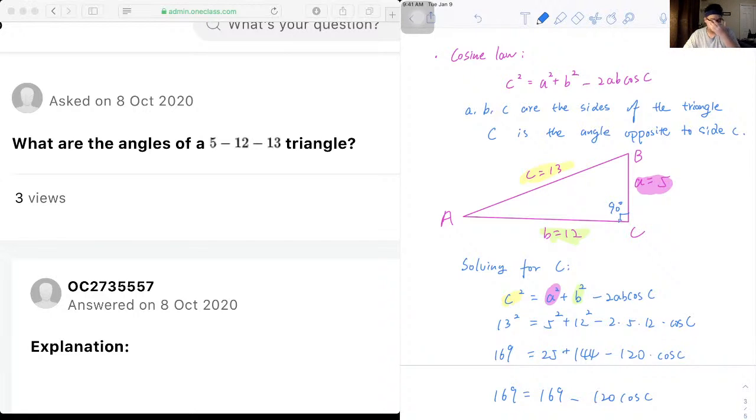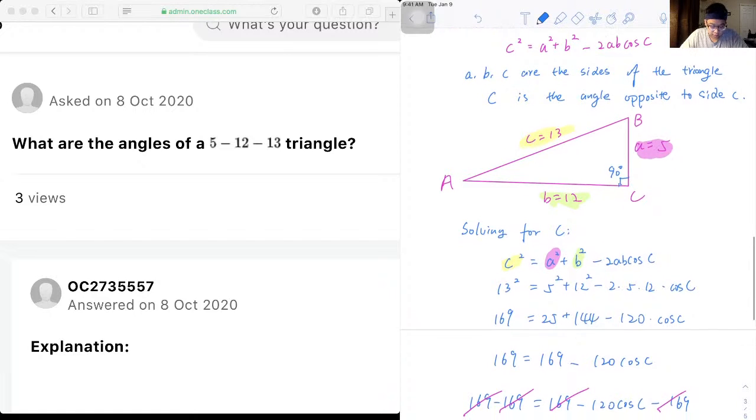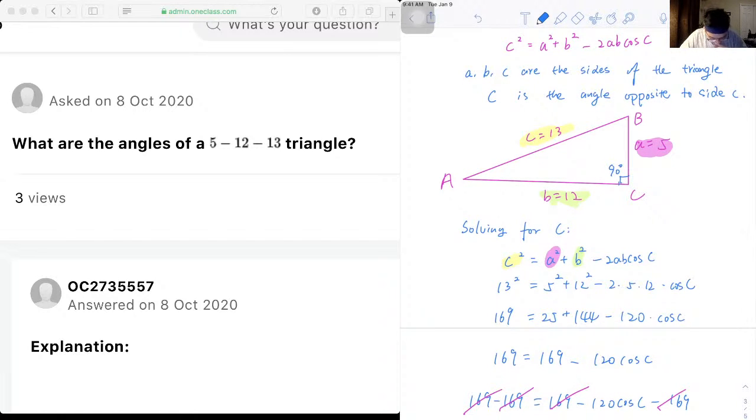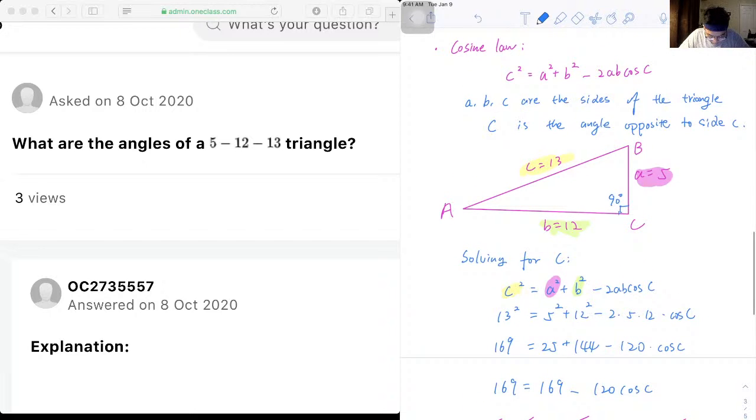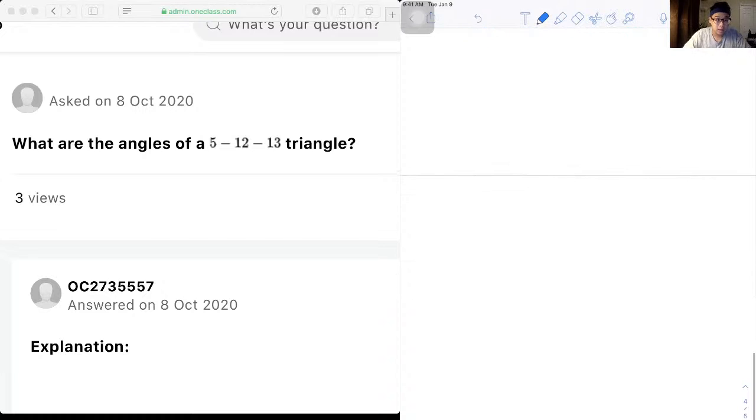and the reason why we want C to be 90 degrees is that if C is 90 degrees, we can apply the trigonometries. Like we can apply the sine, cosine, and tangent into this particular question. Okay, so by knowing that it's 90 degrees, we can use the cosine law.